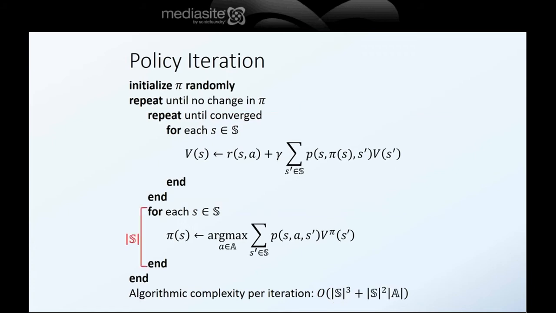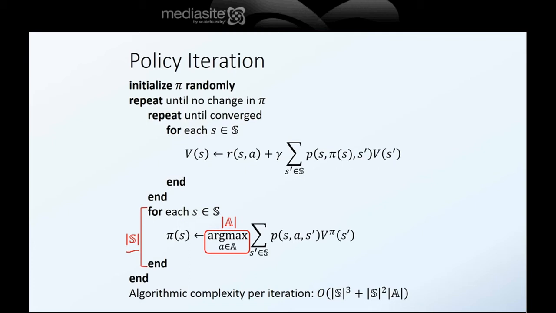The next step involves a for loop, which is one per each state, and so that's S number of times, the cardinality of the number of states, times, and we have to carry out an argmax over all possible actions.